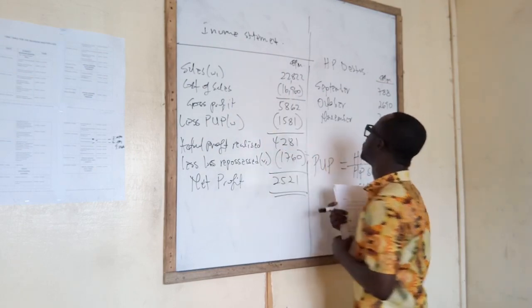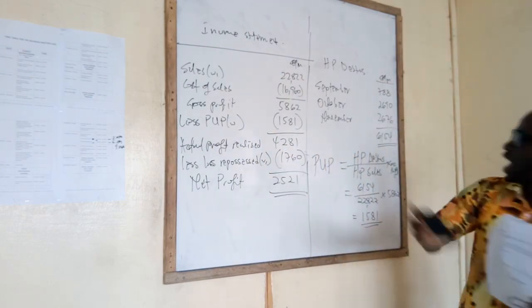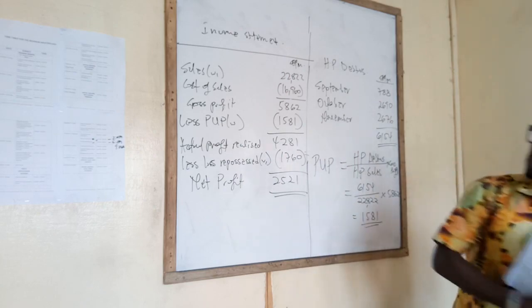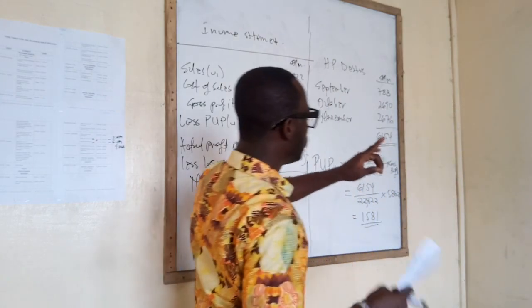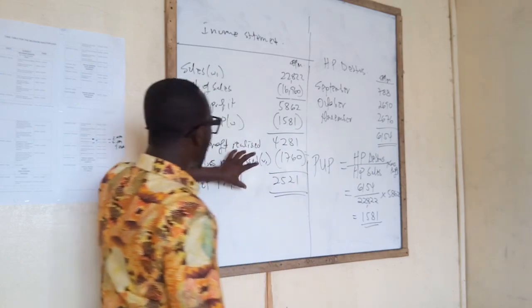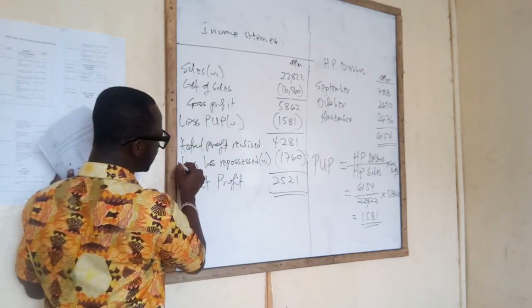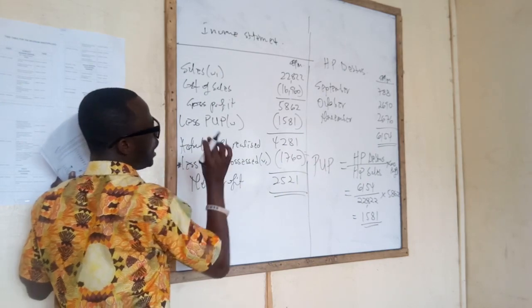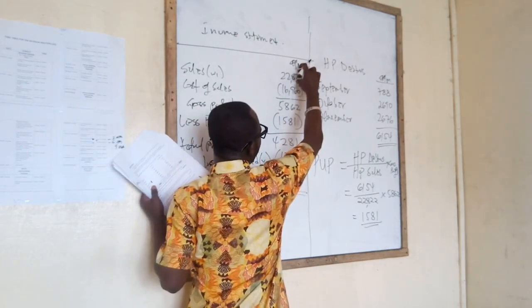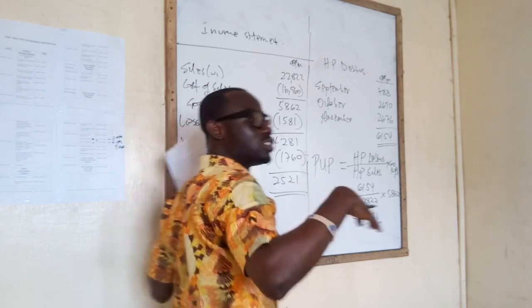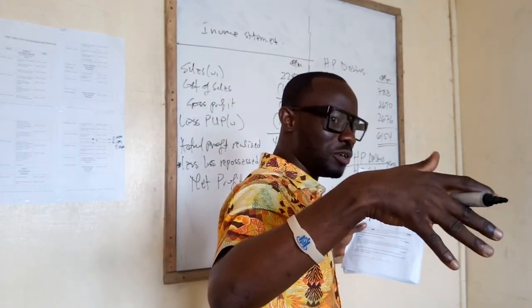But you remember we were told in the question that during the year, some goods were repossessed. That goods that was repossessed, we did a workings for it separately somewhere. Meaning this sales figure is not supposed to include that goods that was repossessed.